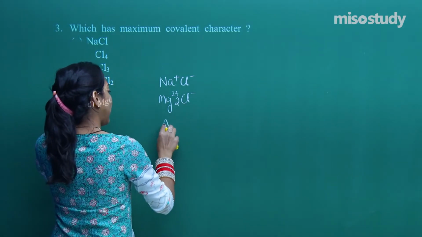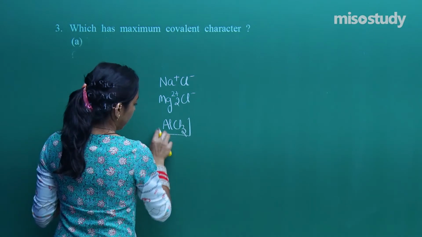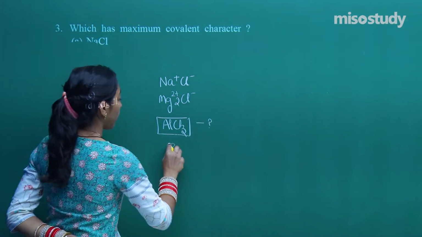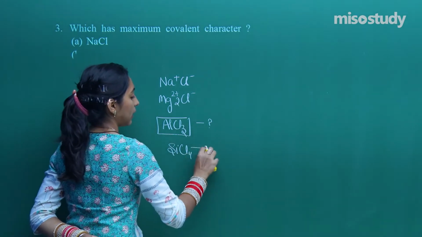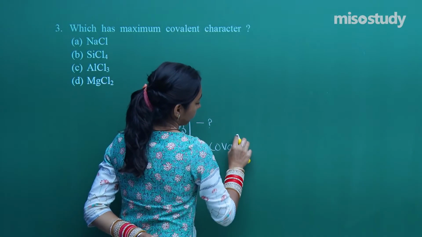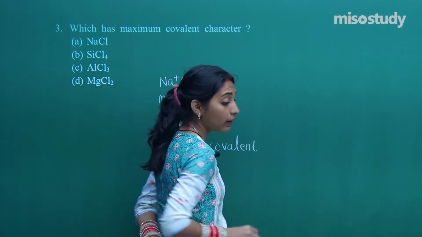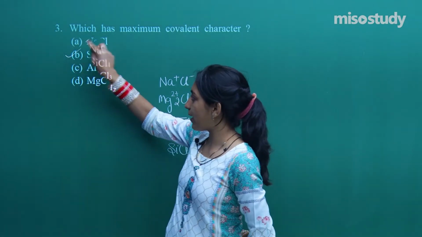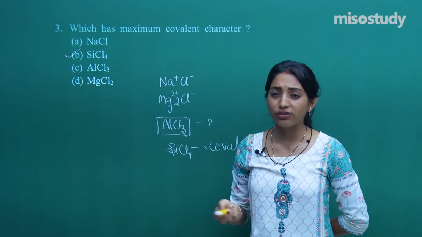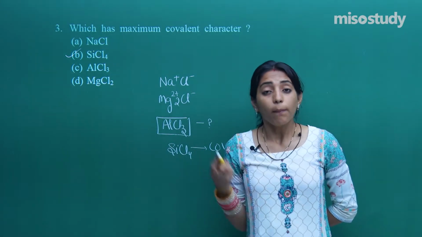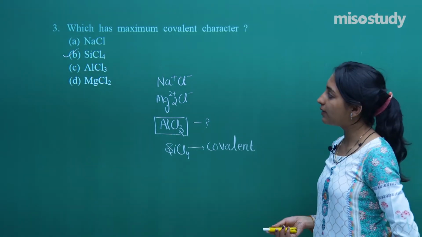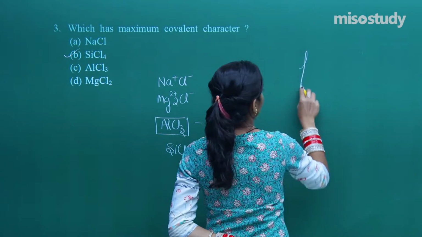When I talk about AlCl3, it is a dicey situation, right? And if I talk about SiCl4, this is permanently covalent, this we know. That means this question is very easy, and you can simply mark the answer as SiCl4 because silicon compounds are generally covalent in nature. But if you want the exact explanation for this question, I will simply say go to the Fajans rule.